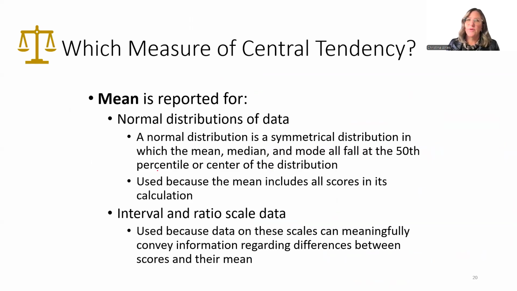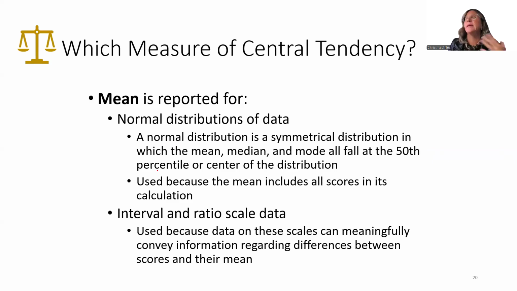So just as a reflection, I will ask you what is the most appropriate measure of central tendency for specific types of data. For normal distributions of quantitative data, or close to normal, the mean is the best measure of central tendency to report.